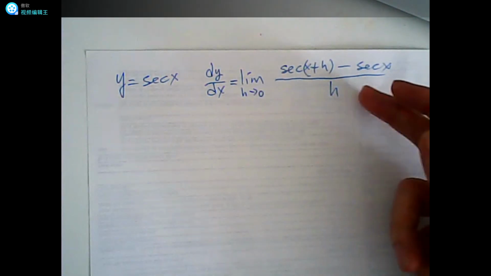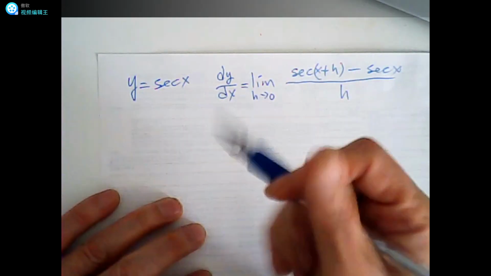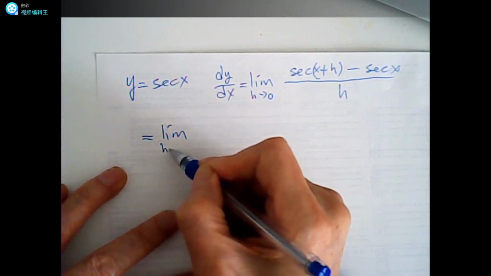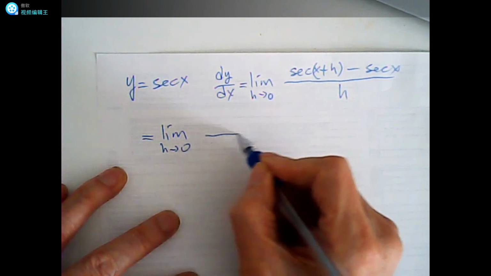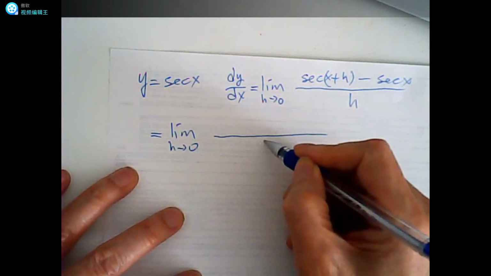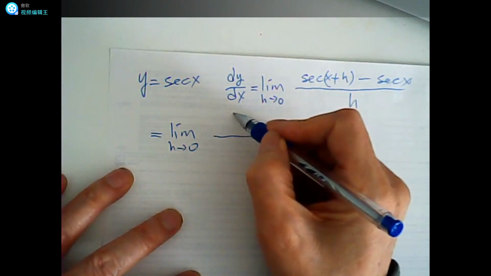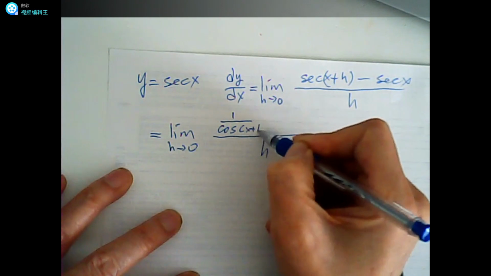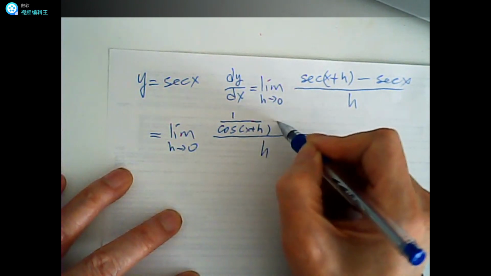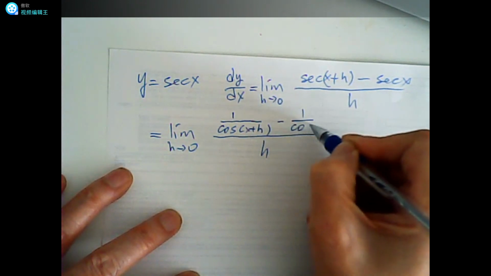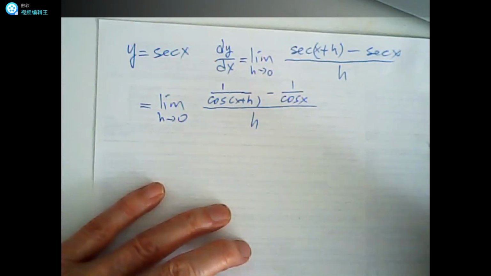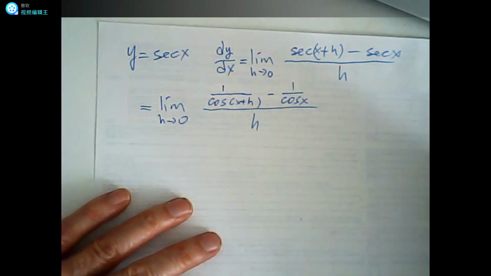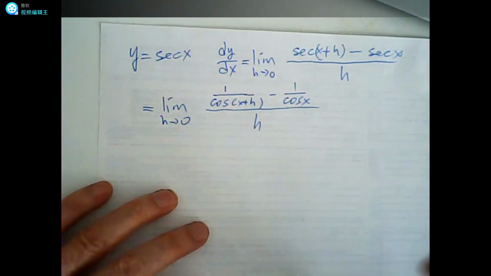So let's change it to sine and cosine, as it might be simpler. So this is the limit as h goes to 0 of 1 over h, times 1 over cosine of x plus h minus 1 over cosine x. Now for us, the game is simpler because we are familiar with sine and cosine.